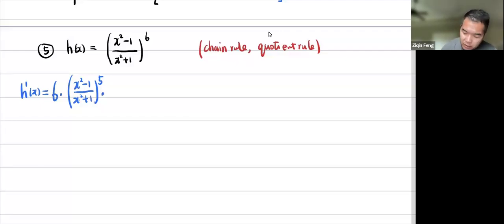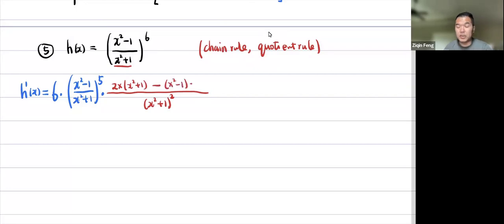We apply the quotient rule. This is x squared plus 1, squared, in the denominator. Numerator: the derivative of the numerator, which is 2x, times x squared plus 1, minus x squared minus 1 times the derivative of the denominator, which is 2x. So this is how we differentiate this function.